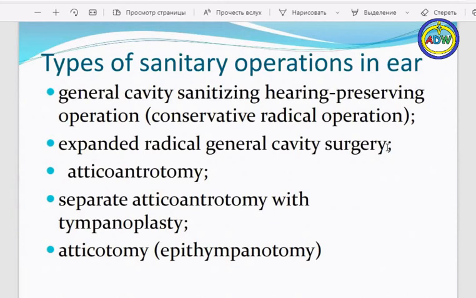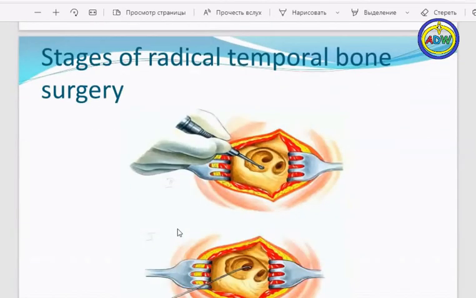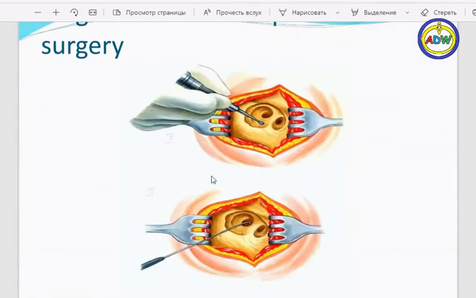Then the mastoid cells. Of course, there are different types depending on the author. We perform separate attico-antrotomy with tympanoplasty. This is how we can do these operations.